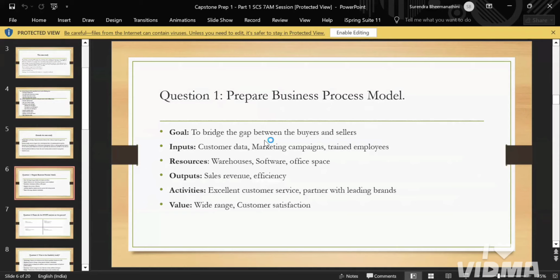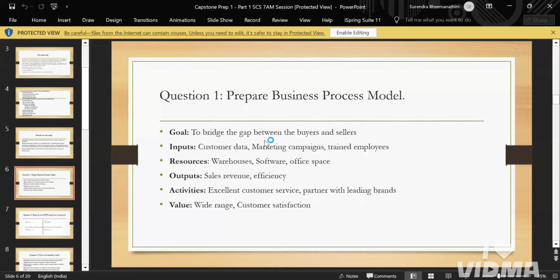You need to mention the goal, the inputs, the resources we are using in this project, the outputs, the activities, and the value created for the users and the range for the customers' end.